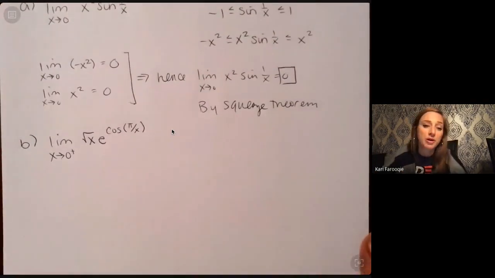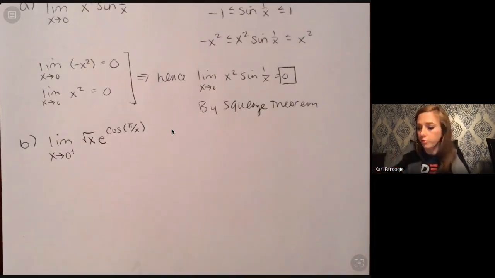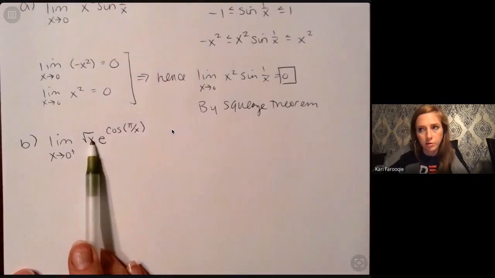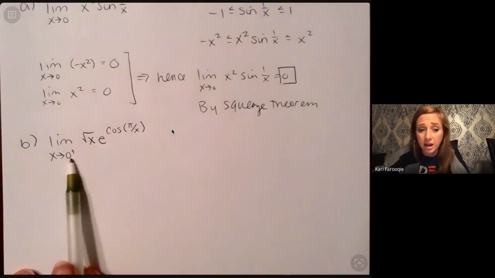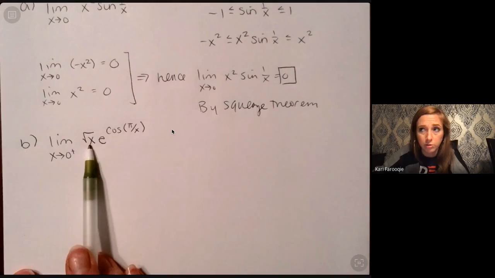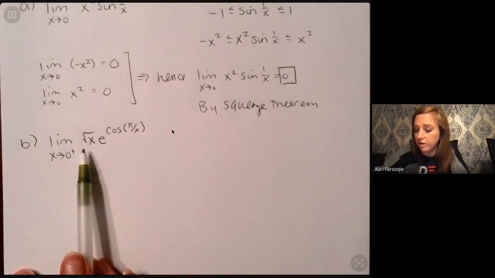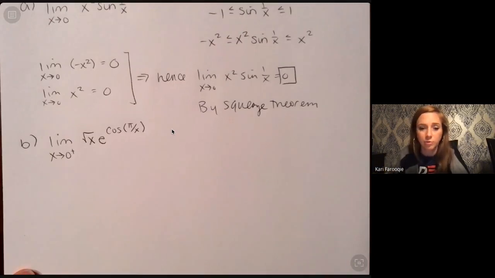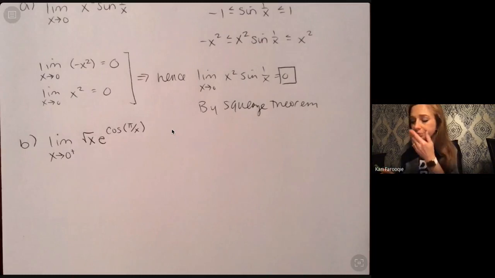We have to approach 0 from the right. I mean, look at this function. Its domain is only values of x that are greater than or equal to 0. I can't take a value of x that's less than 0. I cannot possibly approach 0 from the left on this function. Just won't work because it's not defined for values that are less than 0.